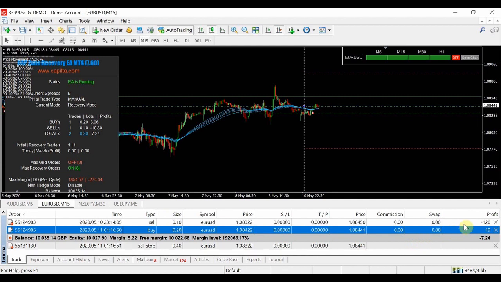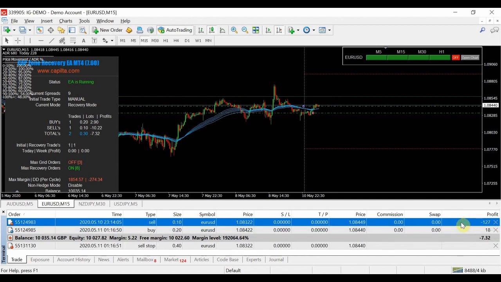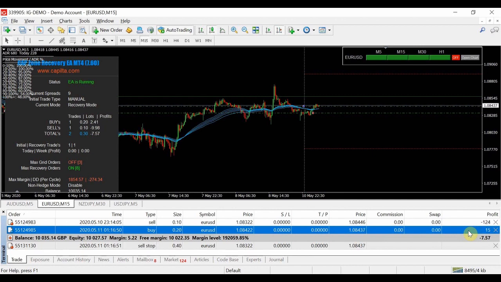So where we stand at the moment, we have the first initial trade, which is around 13 points against me, and we've got the new buy trade, which is just under 2 points in my favor.